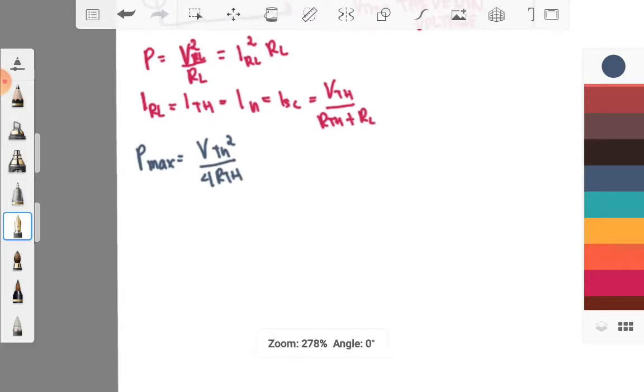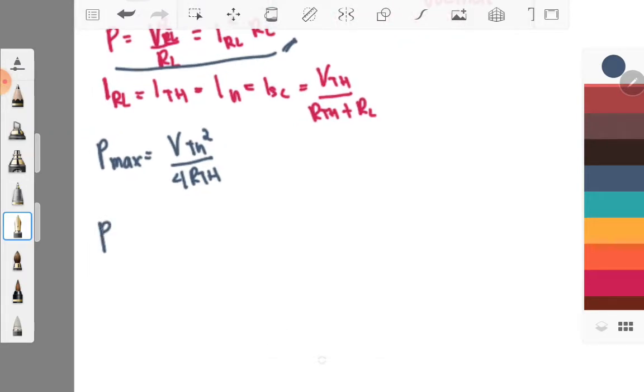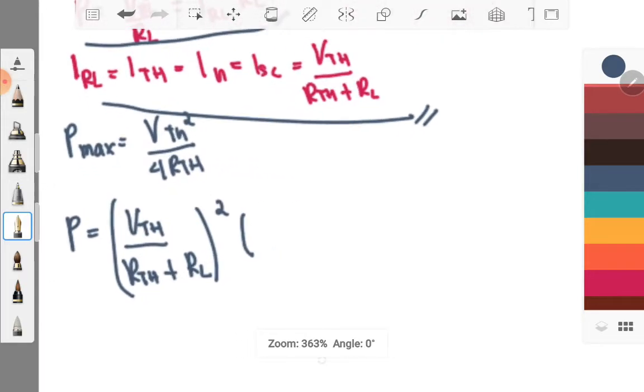So, in order to prove this, let us use this equation. Since P is equal to I squared RL, and I is equal to VTH over RTH plus RL, therefore I may say that my P is equal to VTH over RTH plus my RL, squared, multiplied by our RL.